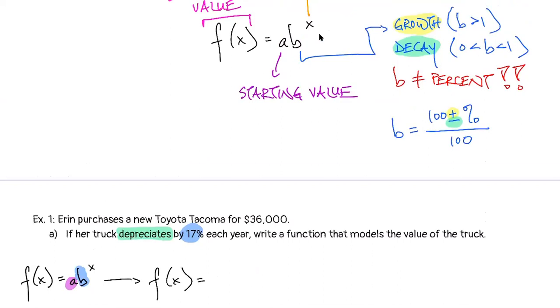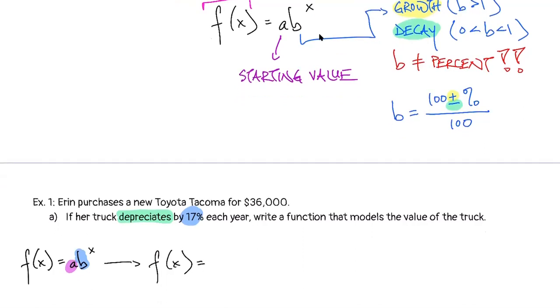So what is the initial value of her truck? 36,000. 36,000, you got it. And finding the initial value is that easy. It's usually given to you right there in the word problem. So don't overthink that, okay? 36,000. That's my A value.